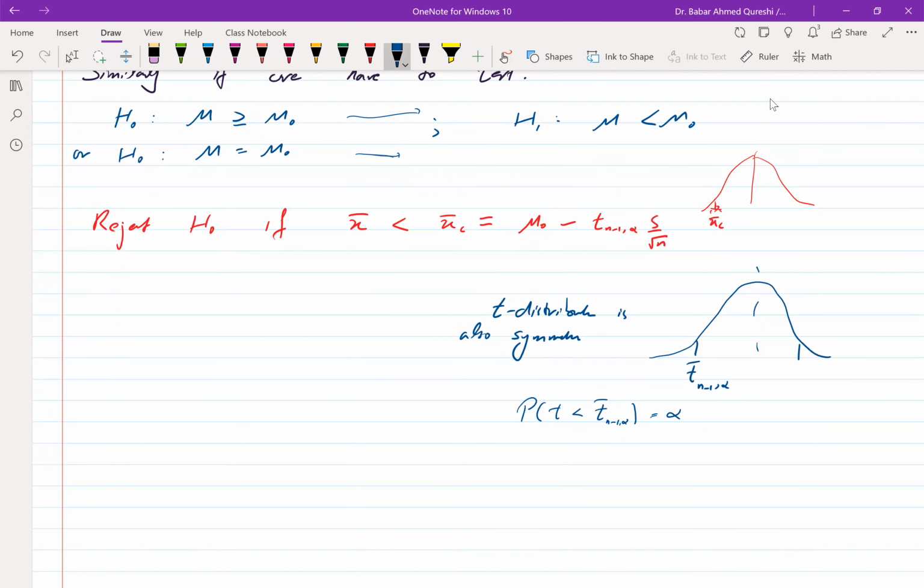But this would be the same as the probability of T greater than t n minus 1 alpha, some value here. So this area, they're both the same.